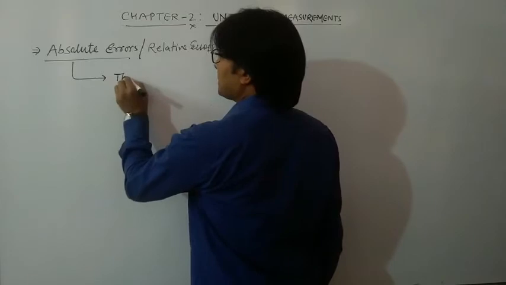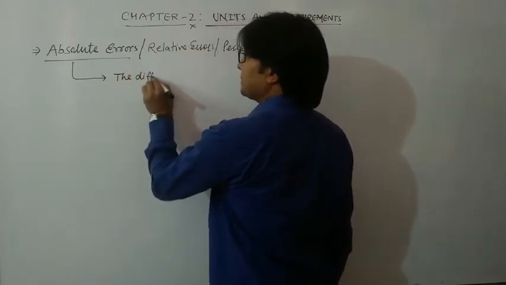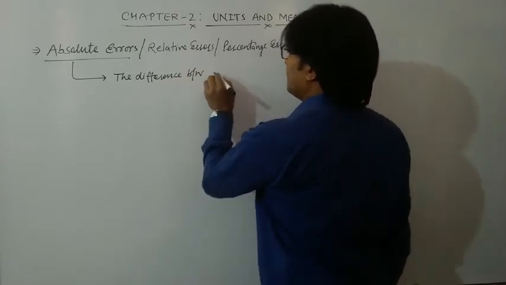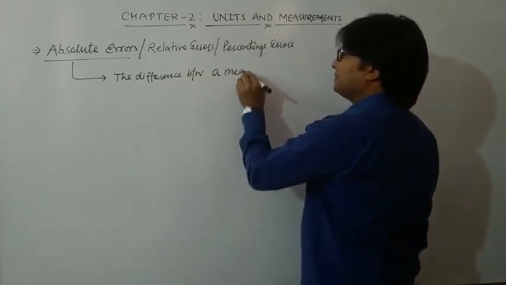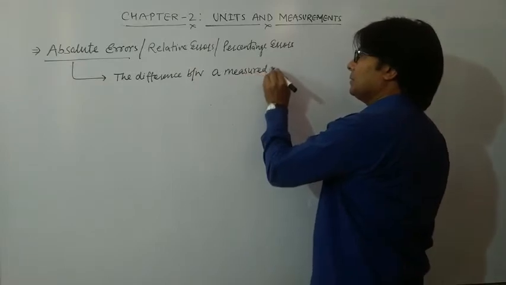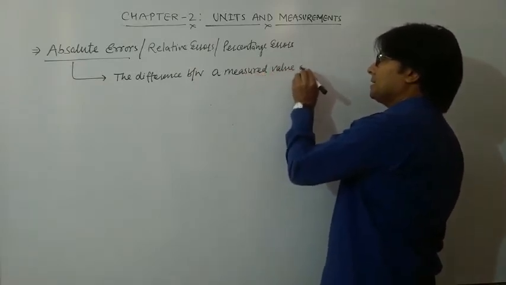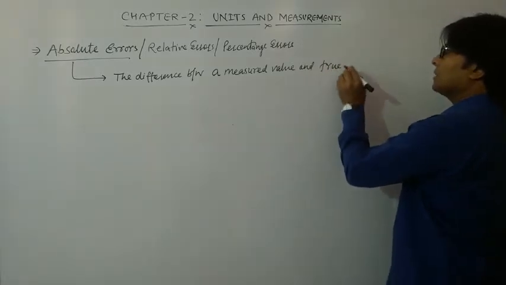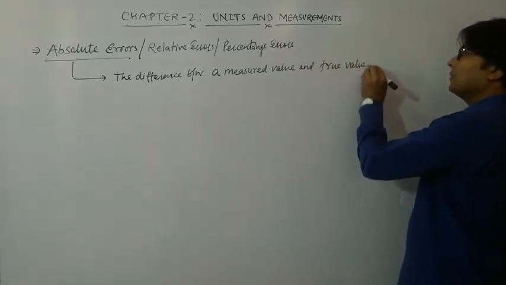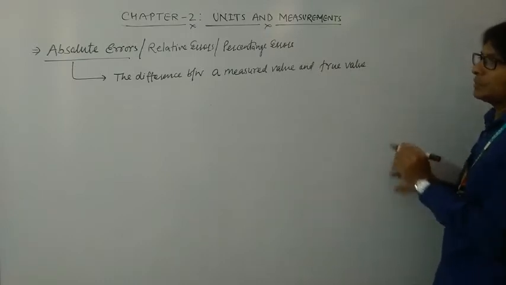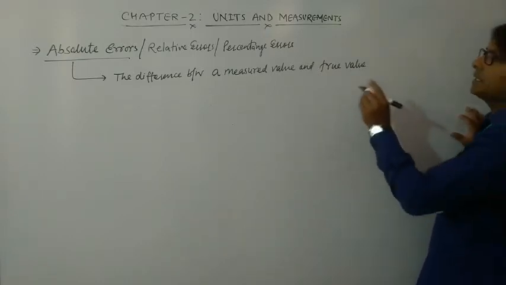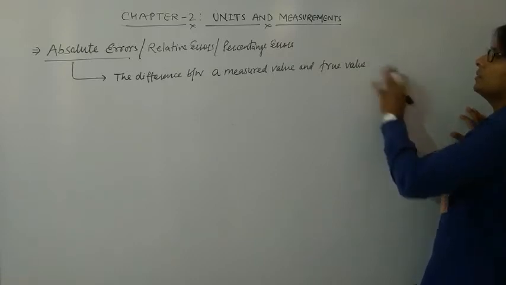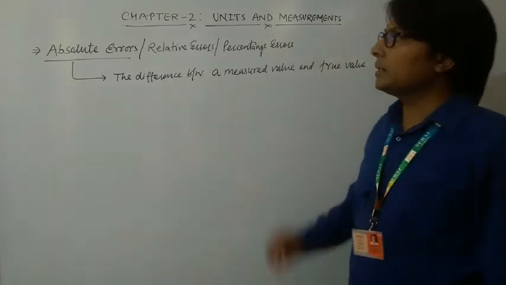The difference between a measured value and the true value, or mean value, of that physical quantity is known as absolute error.